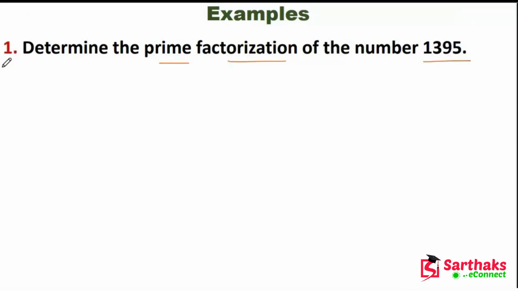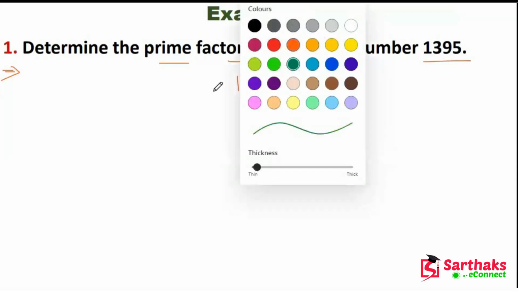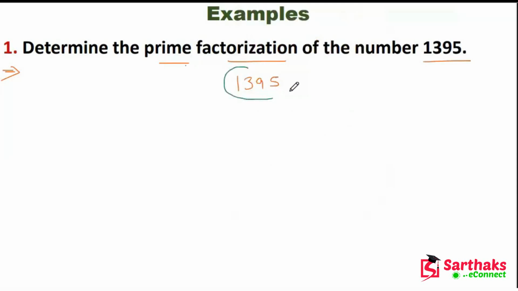We will do this question by the prime factorization tree, the tree method, or branches method. First of all, we have the number 1395. Firstly, can it be divided by 2?